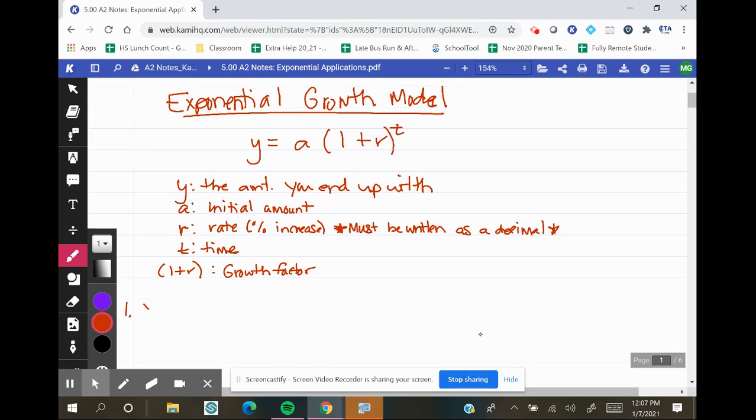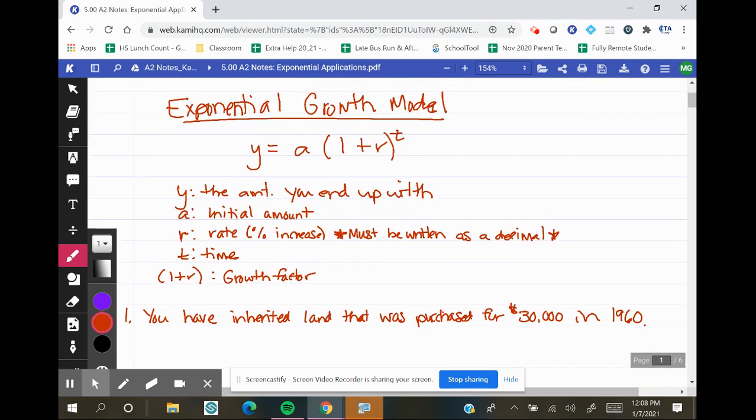Number 1. So a little bit of writing today. So you have inherited land that was purchased for $30,000 in the year 1960.